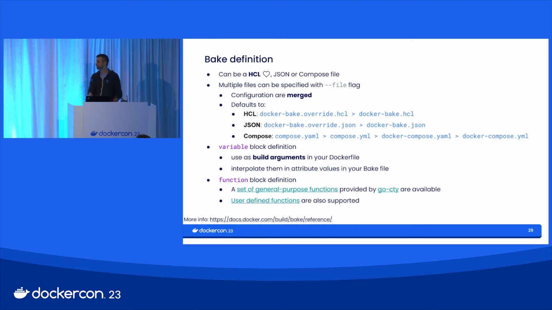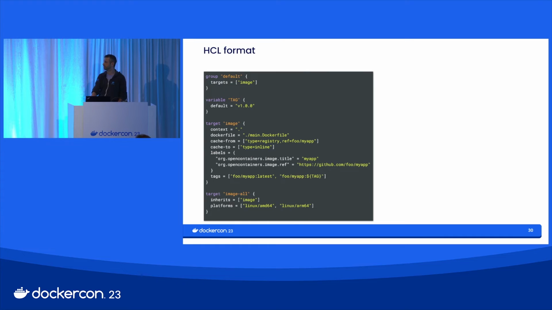So let's see an example of an HCL definition. This is how it looks. It has support for custom build rules, as you can see. It allows better code reuse across your project with different target groups. A target, for example image and image-all, reflects a single Docker build invocation with the same options that we would specify for the docker build command.